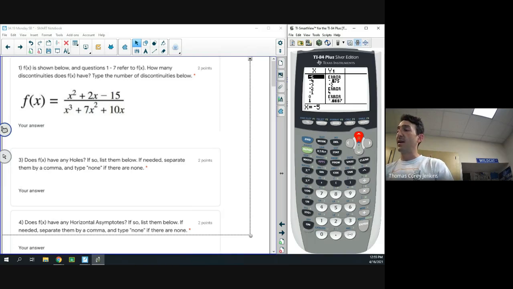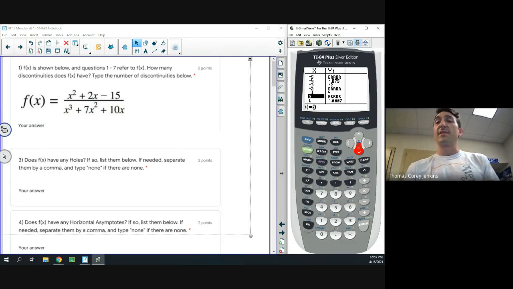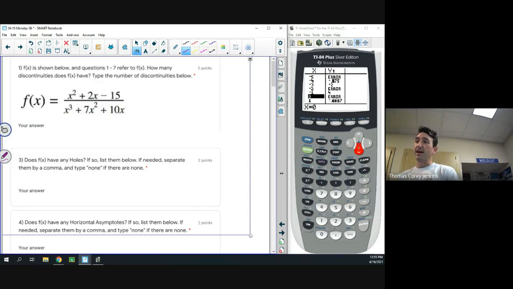In this case, I know there are 3 because I see an error at -5, at -2, and 0. But you could see how using this method you might miss one if we had a discontinuity where x equals 20. Would you arrow that far? We'll get into how to tell without a calculator in a later example.